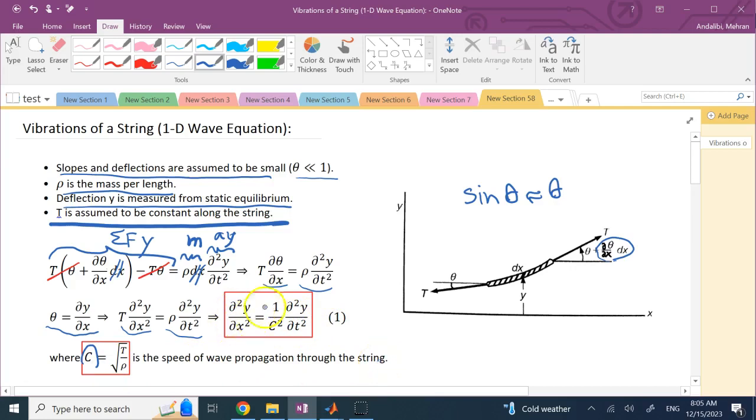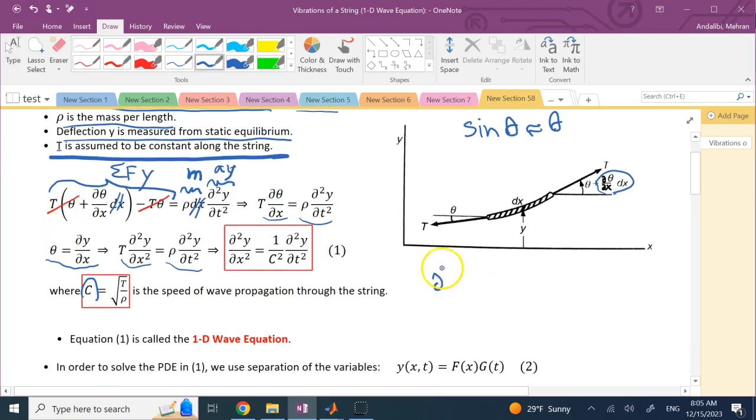And if you see 2D or 3D wave propagation, then you have a function that has two variables, like z is a function of x and y as well as t, and then it will be the second partial of z with respect to x plus the second partial of z with respect to y.